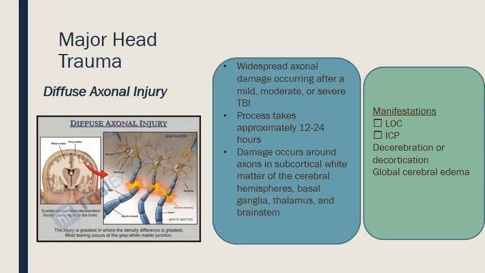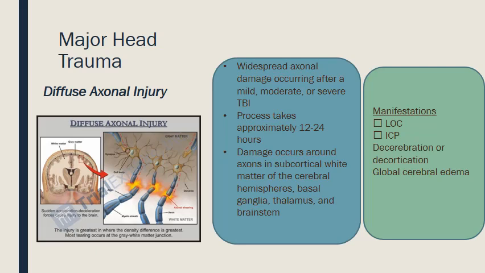In diffuse axonal injury, you get widespread damage to the axons, and it occurs after a mild, moderate, or severe traumatic brain injury. It's referred to on CAT scan as watershed infarcts. Because of the diffuse nature of the injury, it's much more difficult to treat.